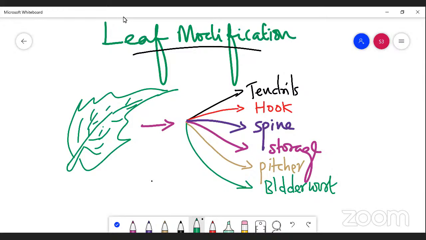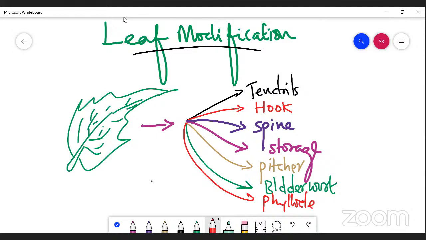That is called storage leaf. Sometimes leaves are modified into pitcher, or bladder, or pillows. These are all the modifications we are going to discuss in leaf modification.